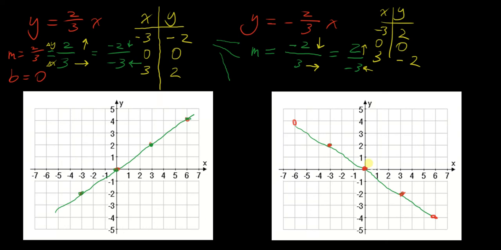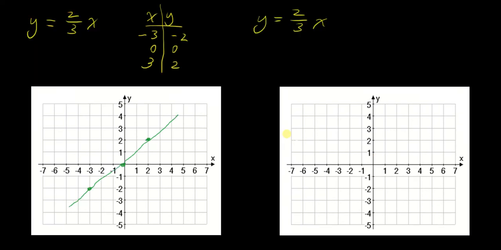Well, now we're going to stop plotting points, and we are going to just graph using one point only and the slope. Okay, what I want to do next, this is just a copy of what we just did. I want you to see this. This was done by plotting points. Now we're going to do the same thing again, but we're going to do the method where we don't plot points.